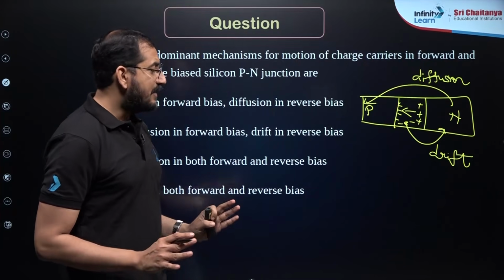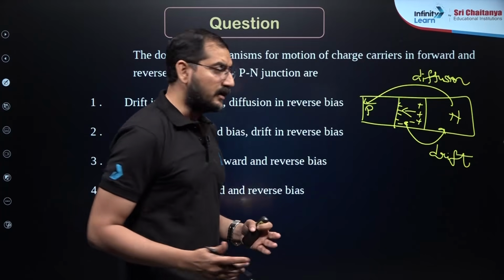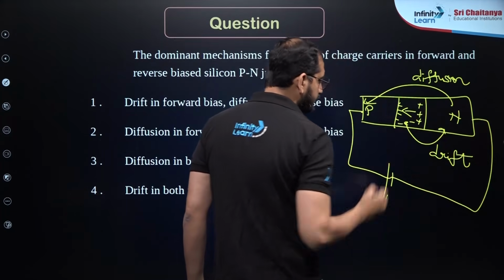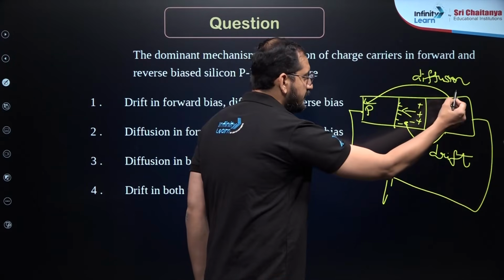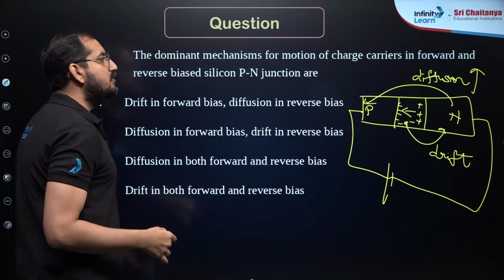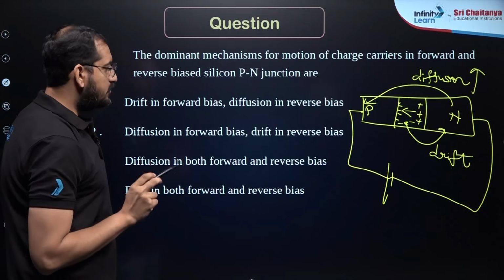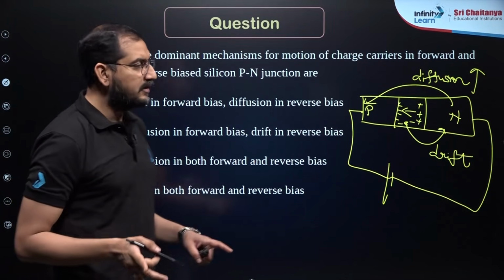But as soon as we apply this diode in the forward biasing, it means that if I apply a battery like this, then what is going to happen is diffusion will increase dramatically, and the current will increase due to the diffusion property. So in the forward bias, the diffusion process is dominating, and the reverse will happen in the reverse bias.